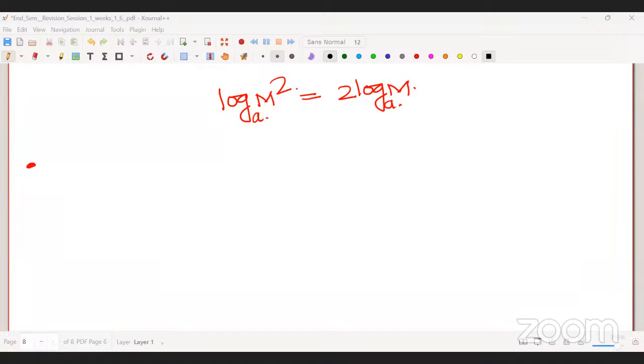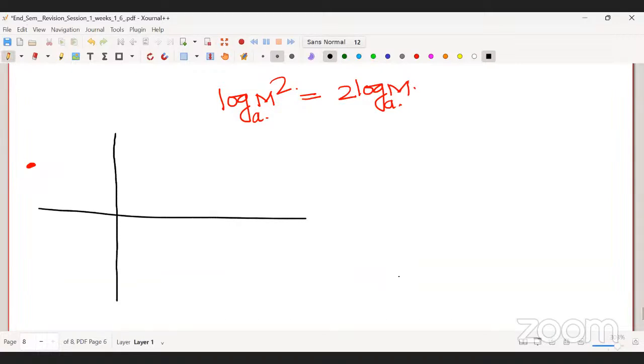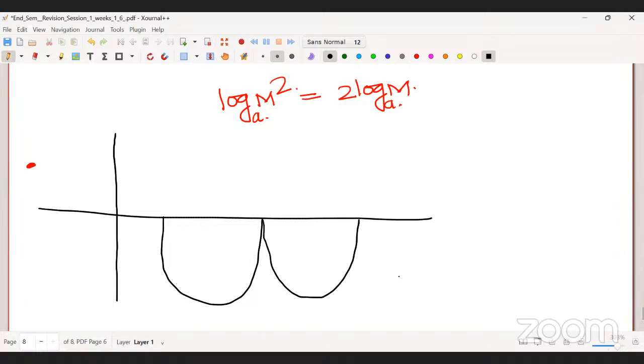Let me draw the graph itself. The roots are 1 comma 0, d comma 0 and 13 comma 0.